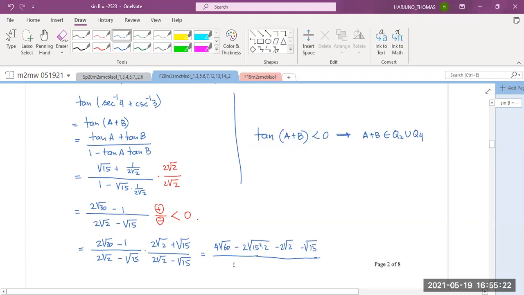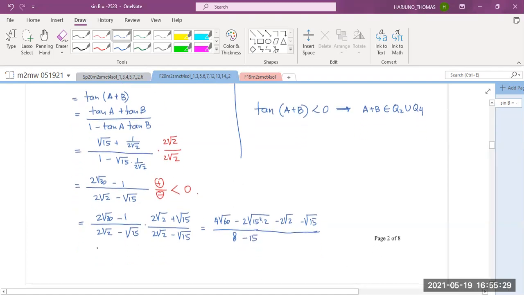And at the bottom, we have 8 minus 15. This will then be 4 square root of 60. 60 is 4 times 15. So that's 8 square root of 15 minus 30 square root of 2 minus 2 square root of 2 minus square root of 15 over negative 7.